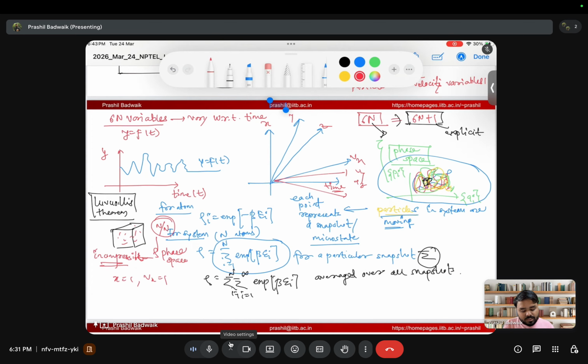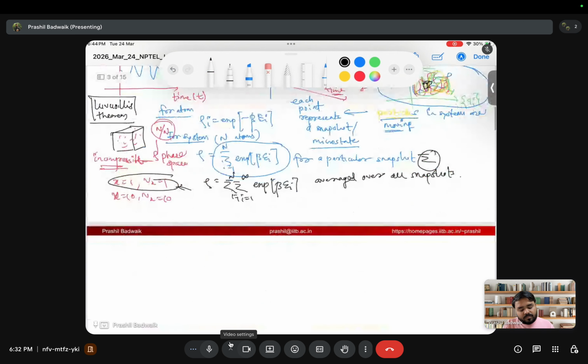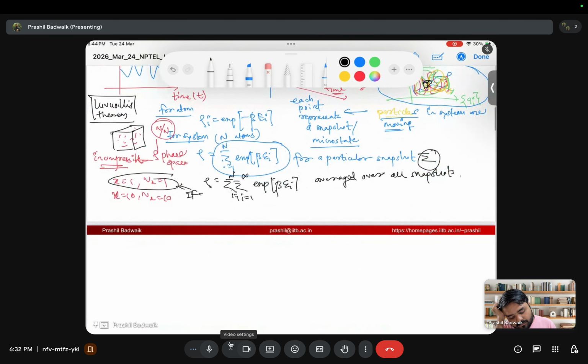If the velocity changes, then I'll go to x equal to some value, let's say 10, and Vx equal to some new value, again 10. So as soon as the particle leaves this phase space, another particle will come and occupy it. That means phase space never has voids, it is a continuous phase, where if the system leaves a point, another system or microstate will come at that point.